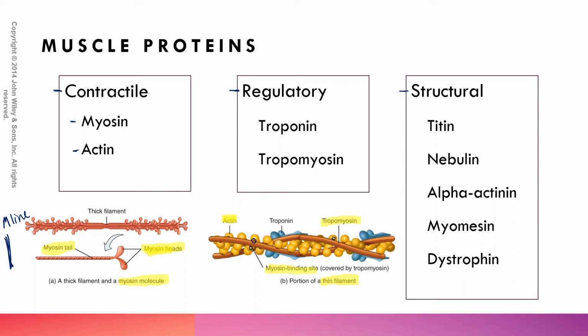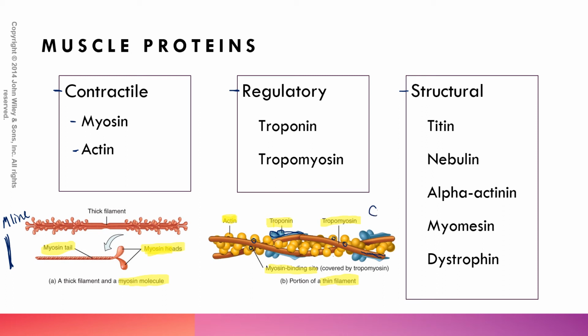You can see this orange fiber looking thing here is tropomyosin, and it's covering those binding sites on the actin so that myosin can't bind to actin. The tropomyosin strands are held in place by troponin, which are these blue looking molecules here.